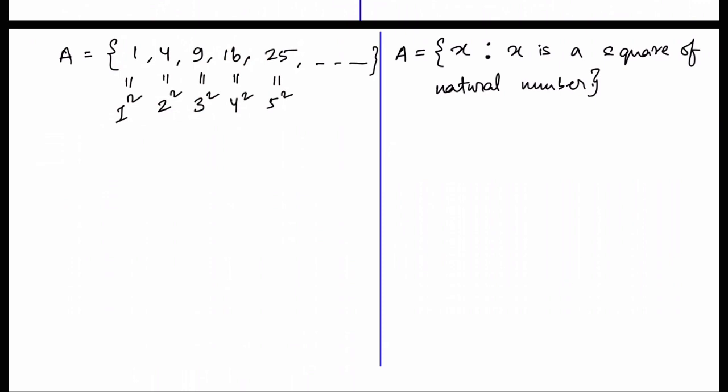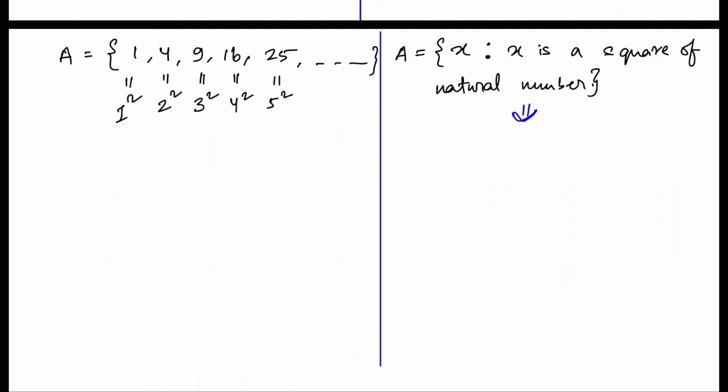Now, this is not the only way we can write the set builder form. We can use a different method and formulate the given elements. We see these elements are 1 square, 2 square, 3 square, 4 square, 5 square.